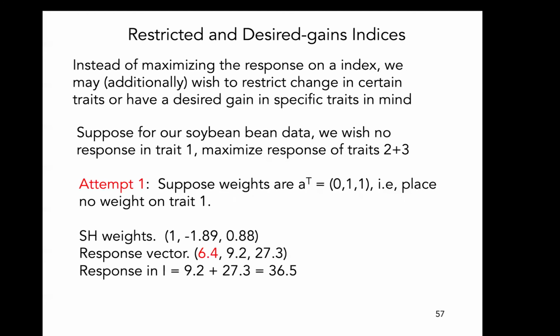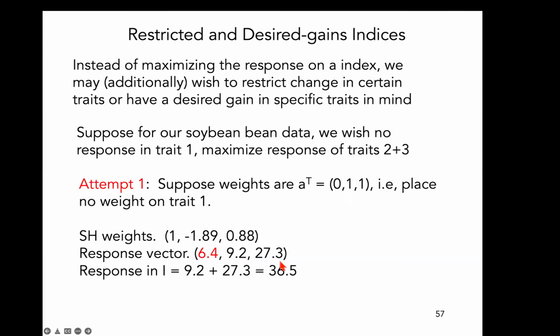Suppose in the soybean data, you want no response in trait 1, but you want to maximize response in trait 2 and trait 3. If you use Smith-Hazel weights and say, I don't want trait 1 to change, so I'll put no weight on it, that's the worst thing you can do. It means you don't care what its value is.